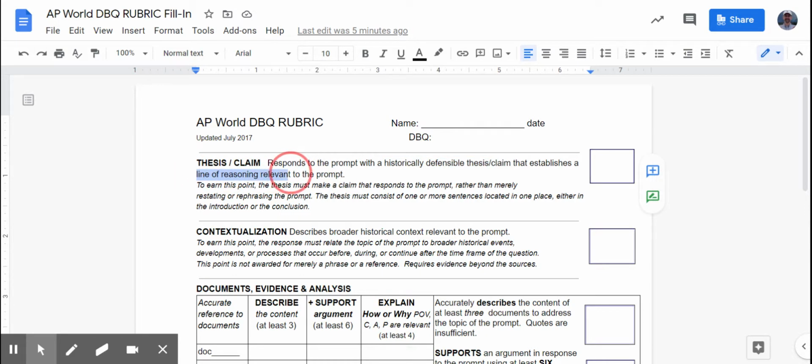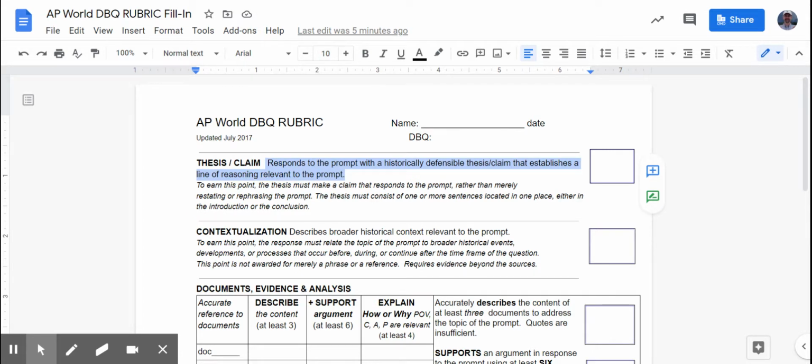Express those ideas in the order in which you are going to introduce them in the essay, and you are well on your way to having a line of reasoning relevant to the prompt. All right? So many of you are already doing this and doing it well, so you're going to keep that up.